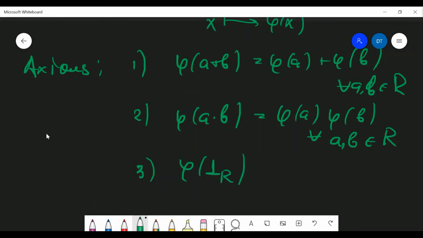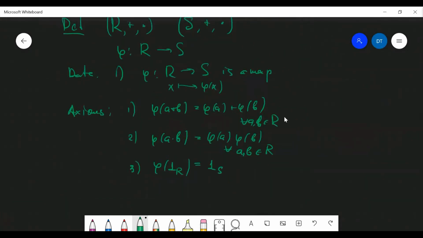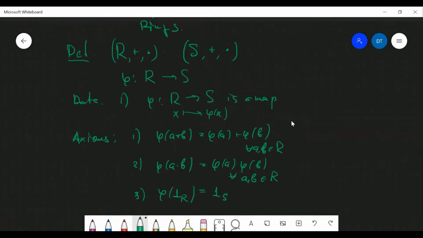So the identity element of the ring R goes to the identity element of the ring S. So this is the definition of a homomorphism. This is not the most general definition, but this is the definition we will be using.